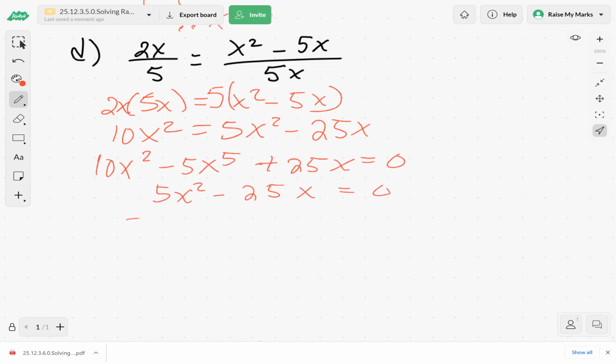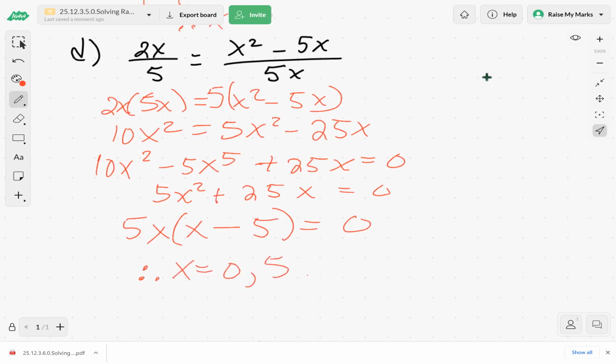Let's factor. We can factor out a 5x from both terms. We're left with x minus 5. And we have 5x times x minus 5 equals 0. When does this equal 0? When x equals 0 or 5. Did you get that right?